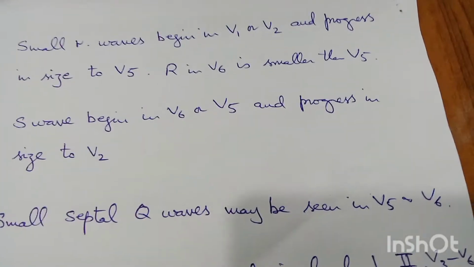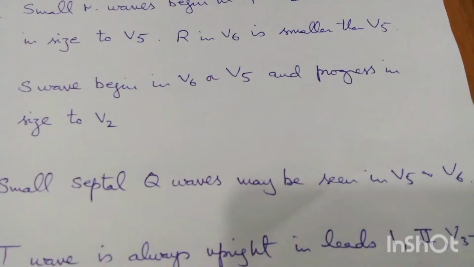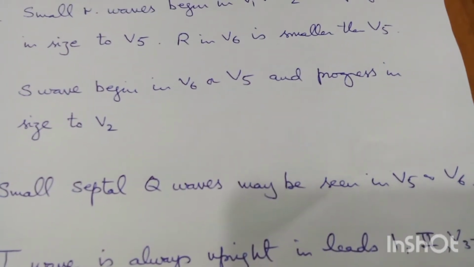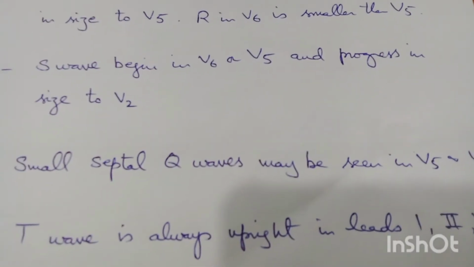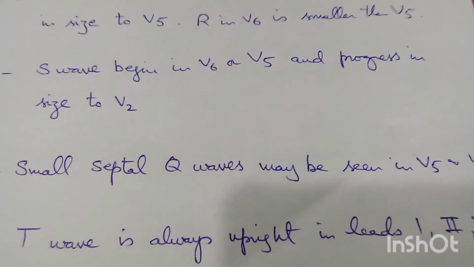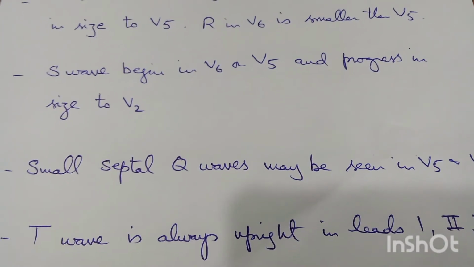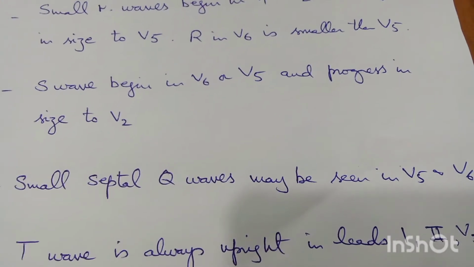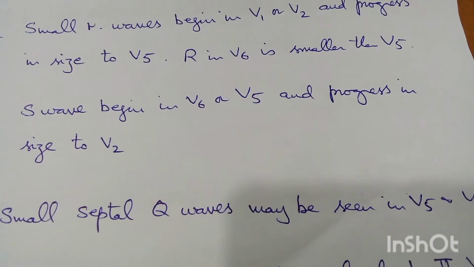Students, S waves appear in V5 and V6, and they progress in size up to V2. It means S waves are reverse of the R wave. R wave increases in size from V1 to V5 leads.